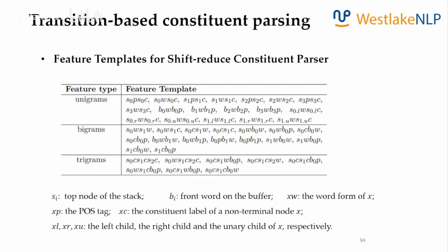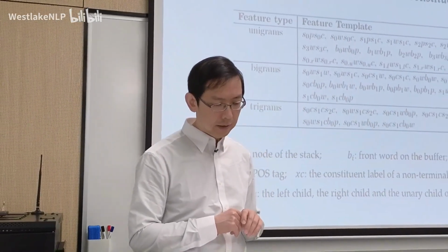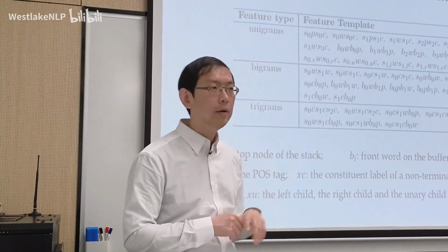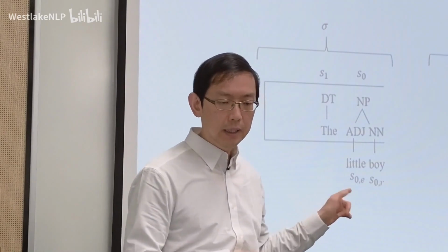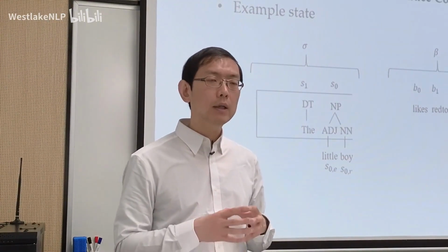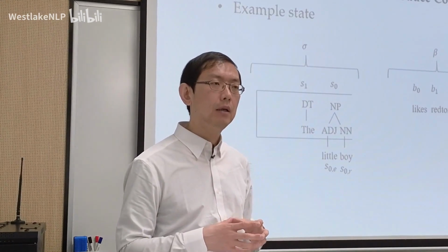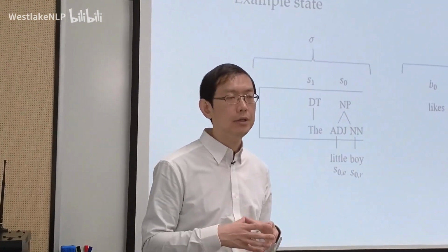Now, these patterns are very important since they help us to resolve ambiguities in structures. When you see this current state, where the is on the stack, little boy is on the stack, and likes red tomatoes are on the buffer, what kind of patterns do you think are useful in disambiguating the next action?